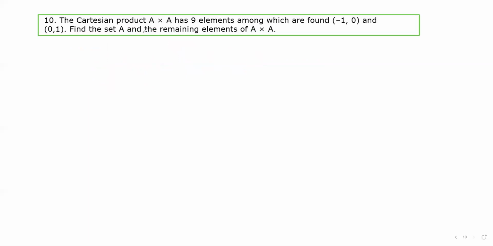Next, the Cartesian product A cross A has 9 elements. So the number of elements in A cross A is equal to the number of elements in A multiplied by the number of elements in A. And this value is given to you as 9. So the number of elements in A, whole squared, is equal to 9, which means the number of elements in A, 9 being 3 squared, will be equal to 3.